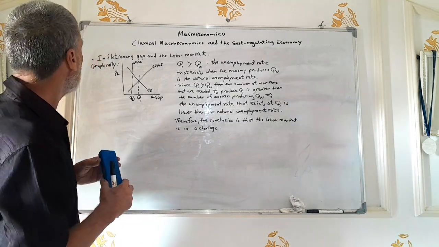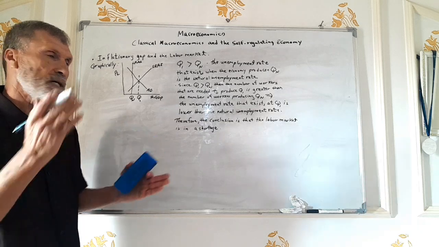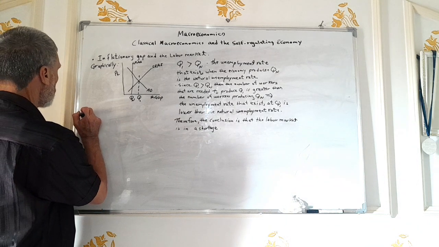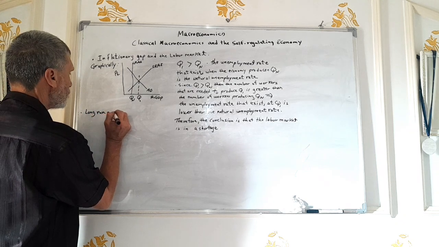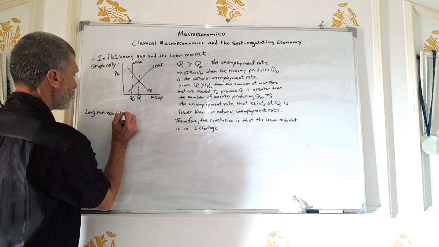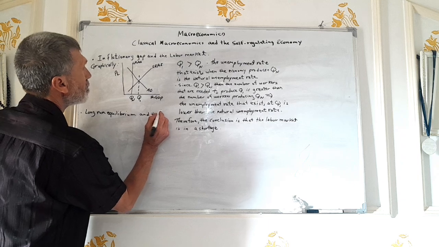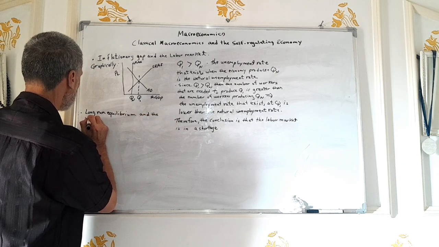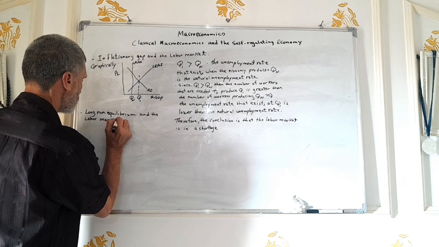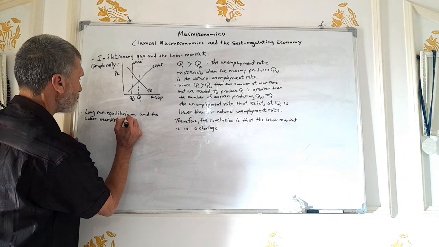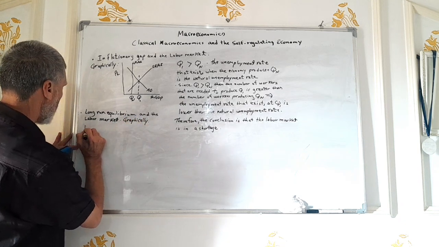Now let's look at the third state of the economy and its relation to the labor market. The third state is the long-run equilibrium, and the labor market. Graphically, we can have this.